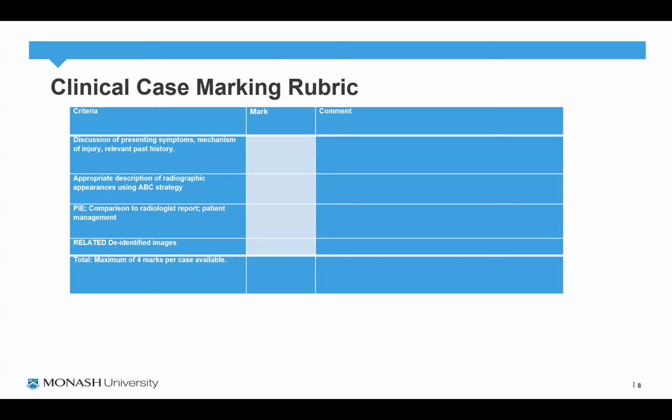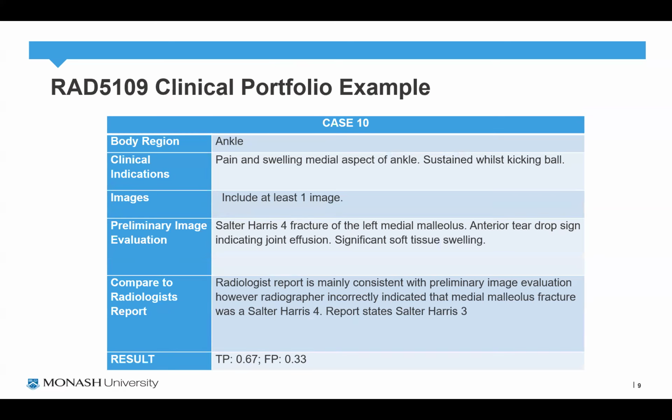And then compare your report to that of the radiologist. And remember, you need to answer the clinical question. So if the radiologist adds other detail that's not pertinent to the clinical question, you don't have to mark yourself against that, especially if they include, for example, osteoarthritic changes or things like that. And then, as mentioned, at least one de-identified image.